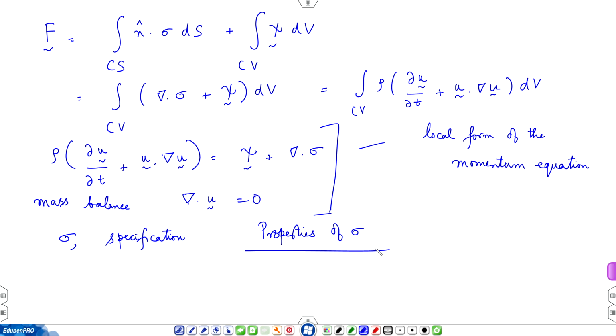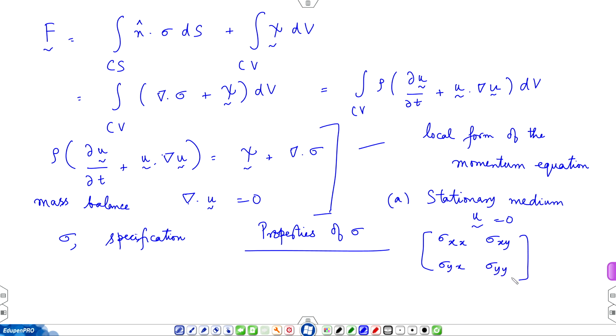So, we are talking about properties of sigma in a stationary medium. Stationary fluid medium, u equal to 0, and these are our components. What are the shear stresses in a stationary medium? Shear stresses in a stationary fluid medium are 0, because the fluid cannot sustain shear stresses howsoever small.